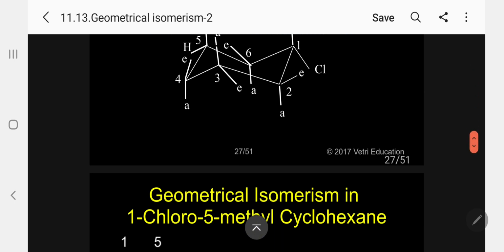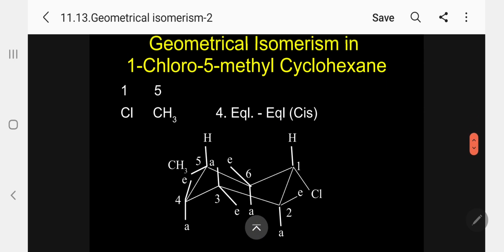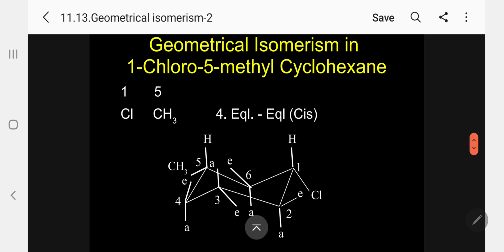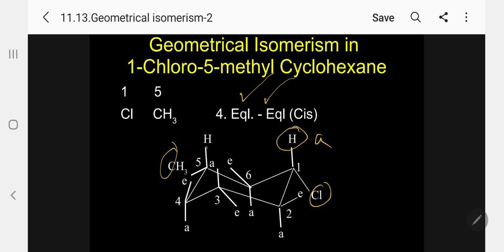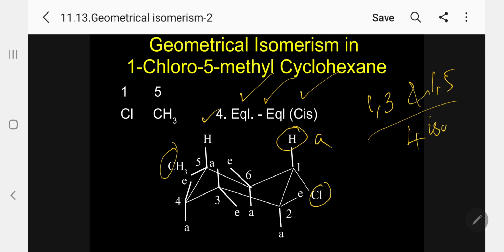And the fourth case: chlorine equatorial and methyl group also equatorial. In this case, consider hydrogen on 1 axial and on 5 again axial, same side, so cis isomerism is possible.